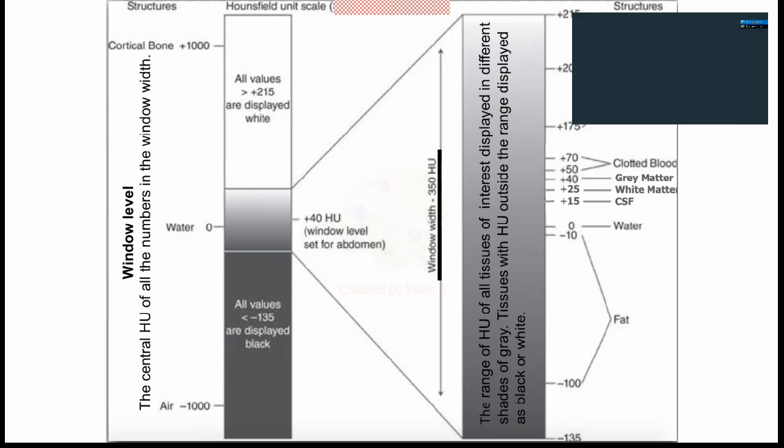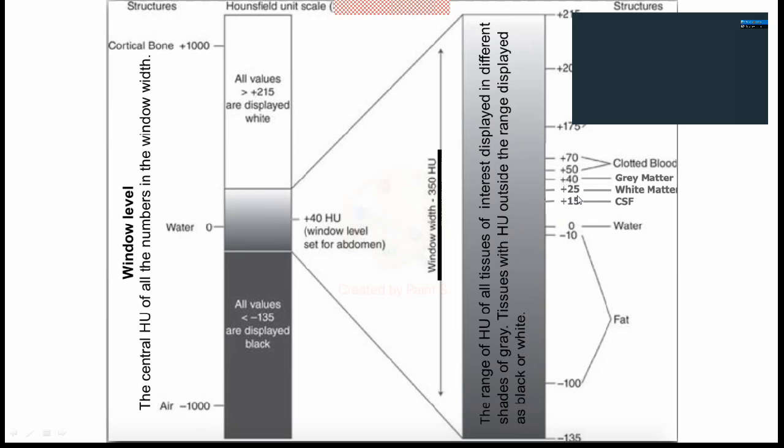Gray matter consists of neuronal cell bodies and measures about +40. White matter is made up of mainly myelinated axonal tracts. Myelin is a fatty substance and fat has a lower density, so white matter measures around 25, which is less than the gray matter. CSF is low density and it is mainly water, and it measures around +15.